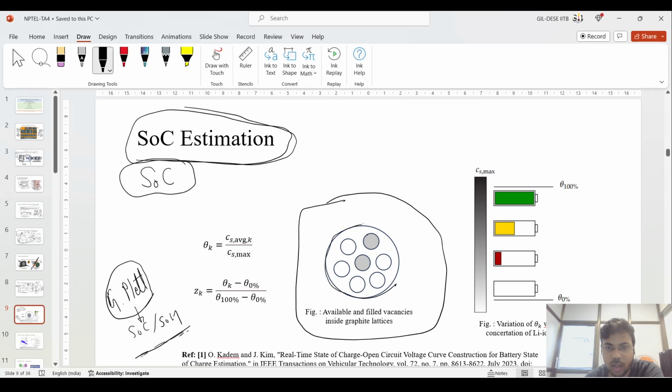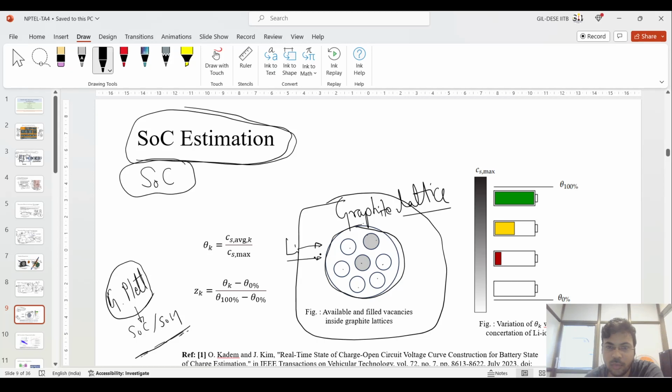So in this figure, let's take that this is the lithium, and this is the graphite lattice. The whole structure is graphite lattice. There is a small chemistry involved in it. There are certain spaces, 1, 2, 3, 4, 5, 6, 7 spaces.